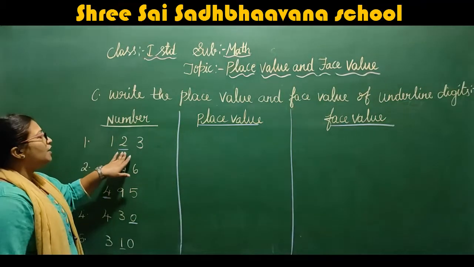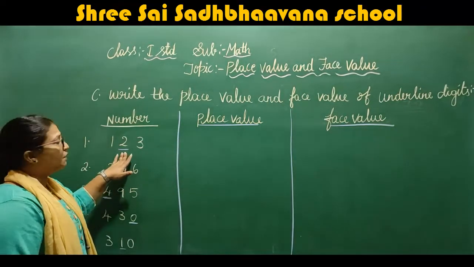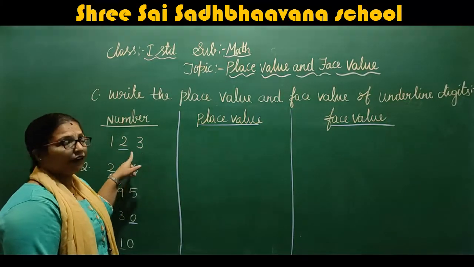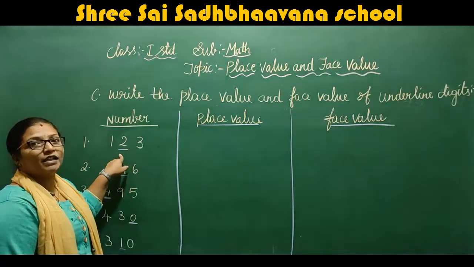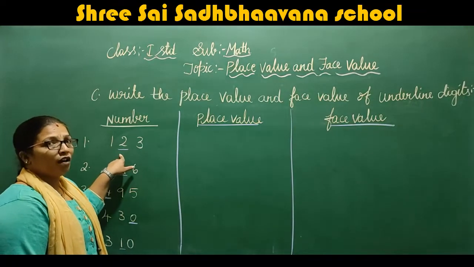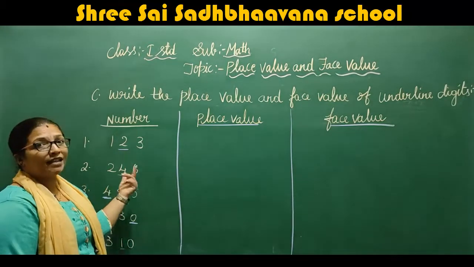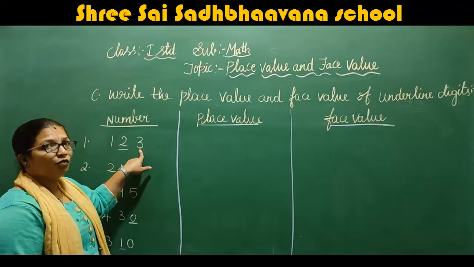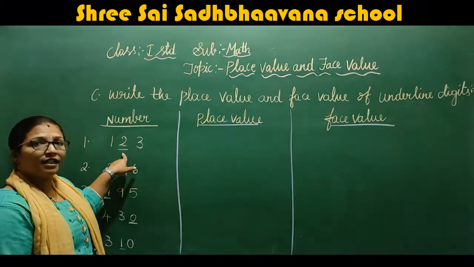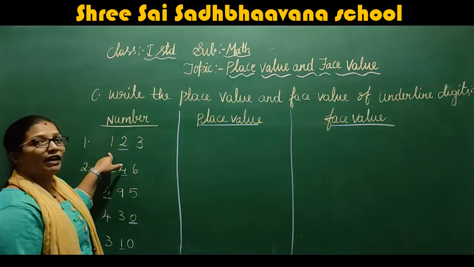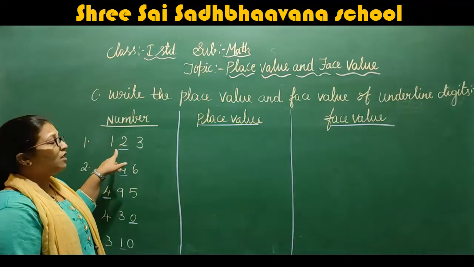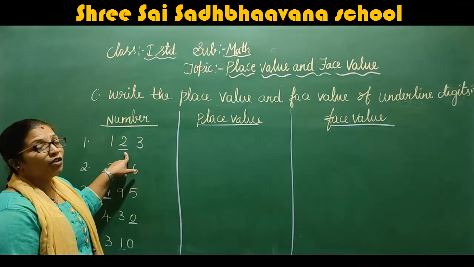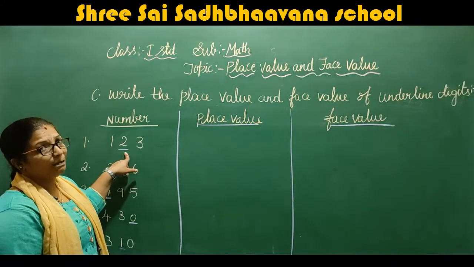What should you write here? What is the place value of 2? They gave 123. You should find which place it is in. 3 is in the ones place, 2 is in the tens place, and 1 is in the hundreds place. So 2 is in the tens place.